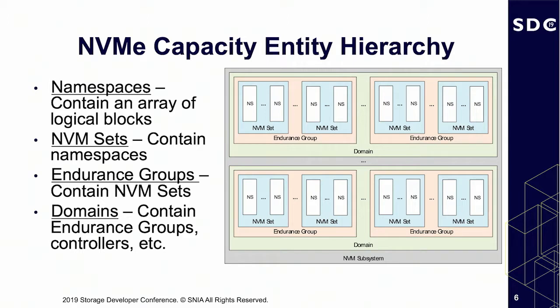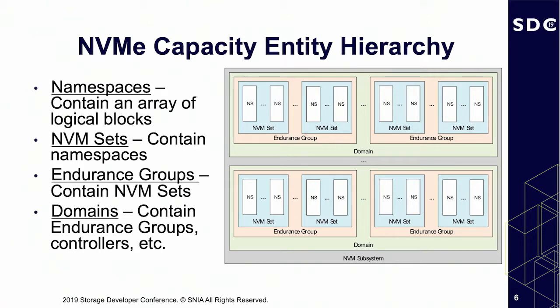Okay, so this is the capacity entity hierarchy. Namespaces are as they have been, unchanged. However, there'll be new types of namespaces coming. If you went to Bill Martin's talk this morning, you saw what's happening in the key value space.